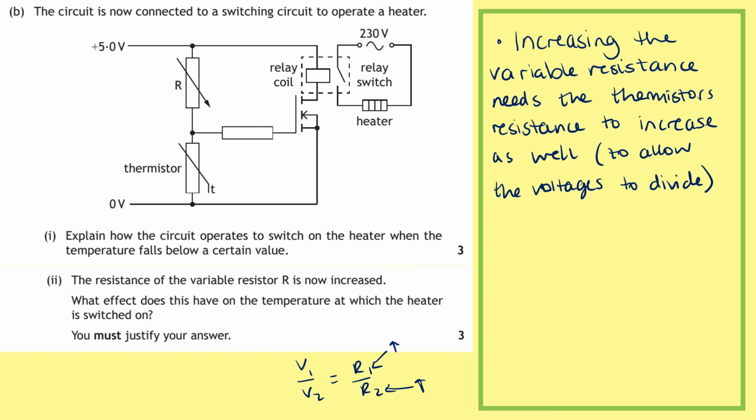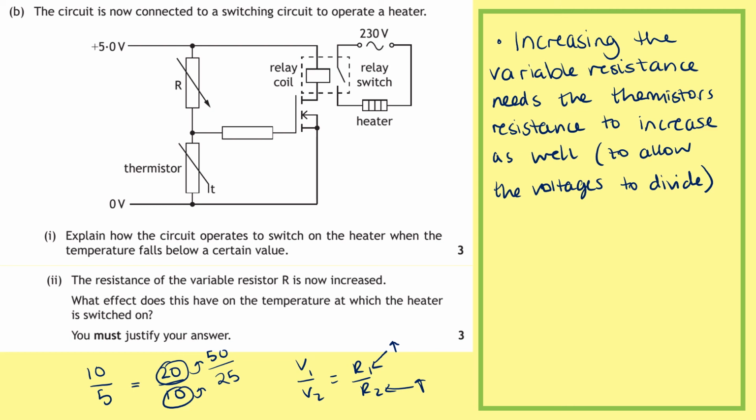Imagine saying 10 divided by 5 equals 20 divided by 10. Obviously both of these sides are still equal to 2. If you take 20 and make it bigger, let's turn it into 50 instead. If we do 50 divided by 10, we've now got 5, whereas it still needs to be 2. So we need to increase this 10 to 25 to make the whole equation still equal to 2.